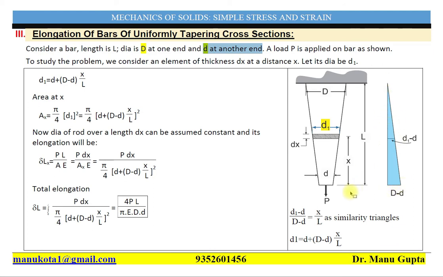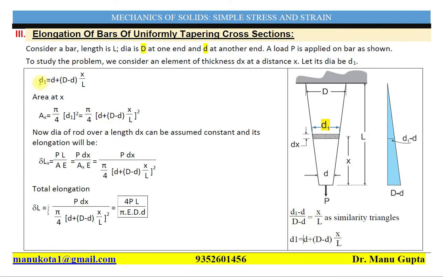So we can say that x upon L is equal to d1 minus d upon D minus d; this x upon the total length is equal to this upon this. Just a simple trigonometry, and we will solve this equation and find d1 as d plus D minus d, times x upon L. We get this after solving this equation for d1.